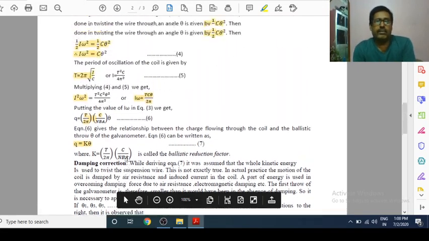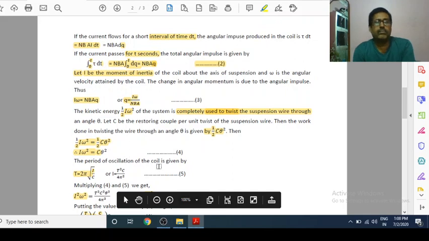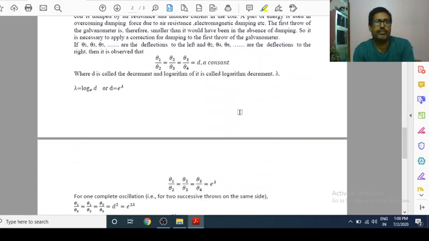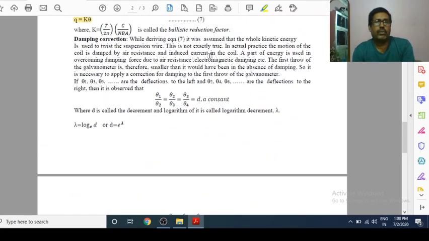Here, one thing is important and cannot be ignored. What is it? The kinetic energy, as I told you, was assumed to be completely used to twist the suspension fiber. But actually it is not so. A part of this energy is used in overcoming the damping force.